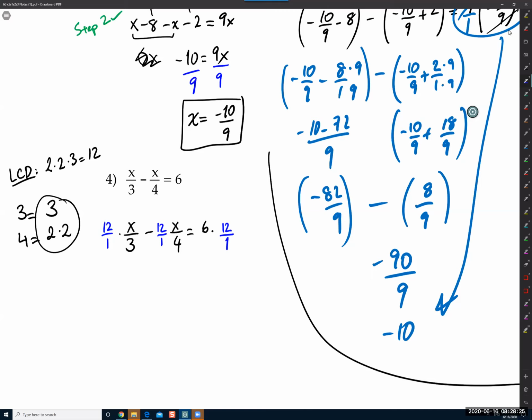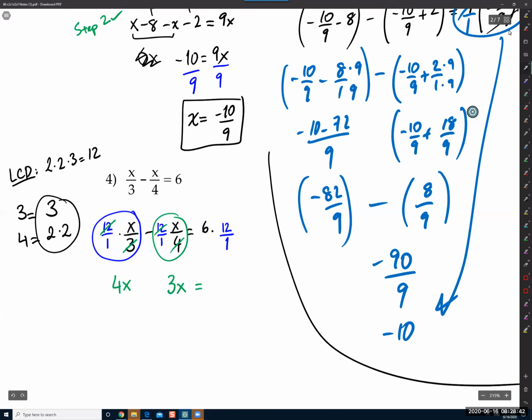The whole idea is that if you simplify, the 12 and 3 simplify each other. 12 divided by 3 is 4x. And the 12 and 4 simplify each other, and that's going to be 3x.